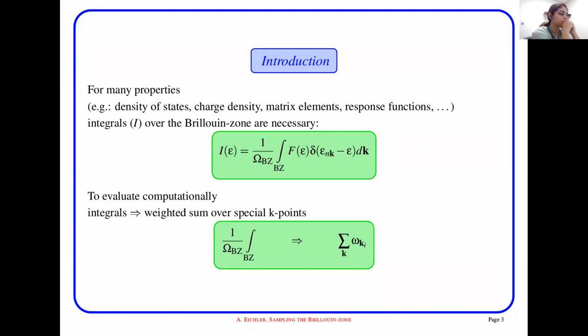So let's say you want to calculate the energy. To calculate the energy, you will make an integral over the energies that you calculate at each of the k-points, and then each of these energies will have a specific weight given by whether the k-point is symmetric or not, by the mesh, and a lot of other parameters.